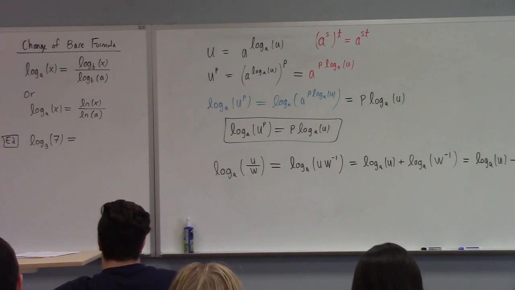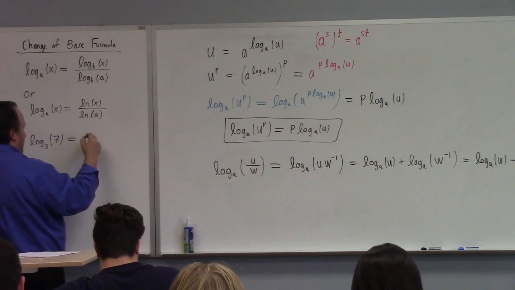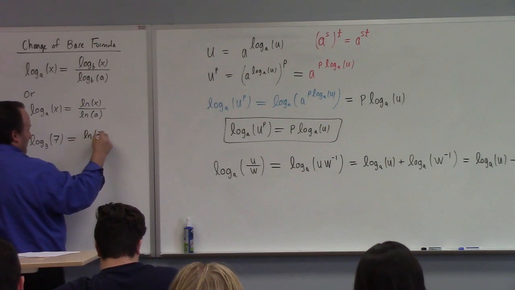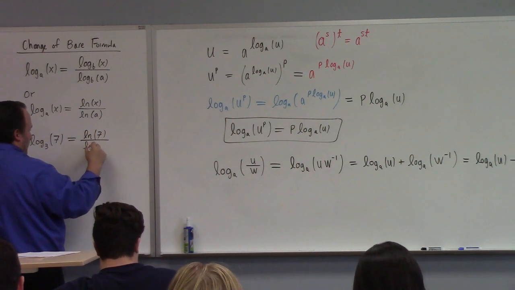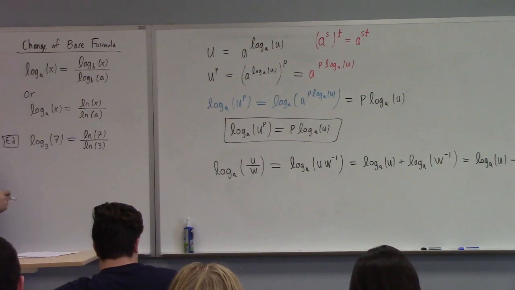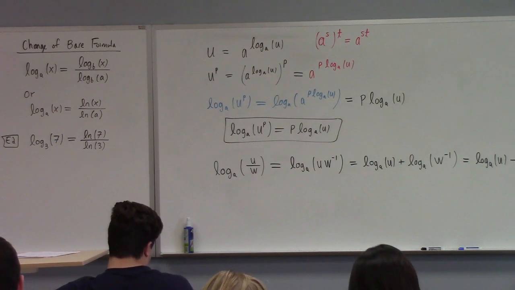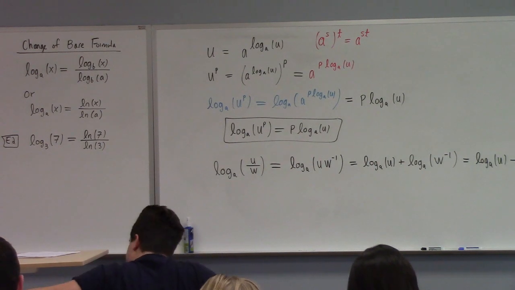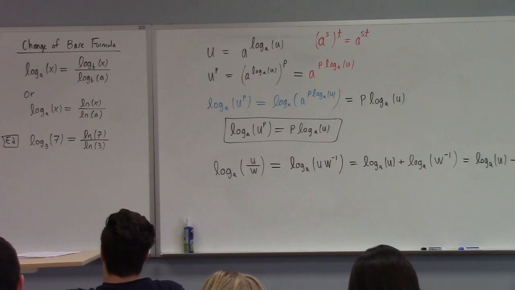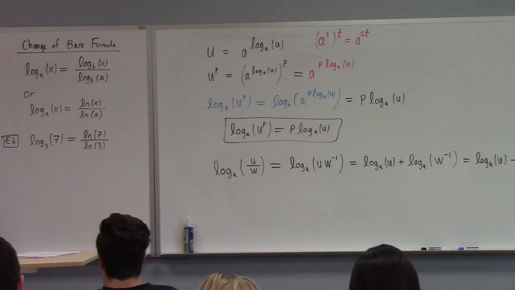I can do that with the change of base formula. That's going to be the natural log of 7 divided by the natural log of 3. This is important because some of you might have a calculator that doesn't have log base 3 on it, right? If your calculator doesn't have log base 3, it's okay because you can still calculate the natural log.